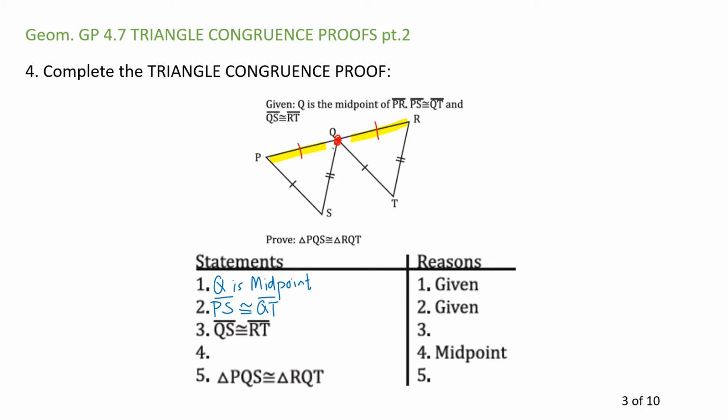I could have put that all in one line, but they're actually asking for another given line. All right, well, they tell me that Q is the midpoint, so I now know that PQ is congruent to RQ. Here's what I found. PQ is congruent to RQ. That's the definition of midpoint. So these two triangles are congruent by the most basic one, side, side, side. Done.